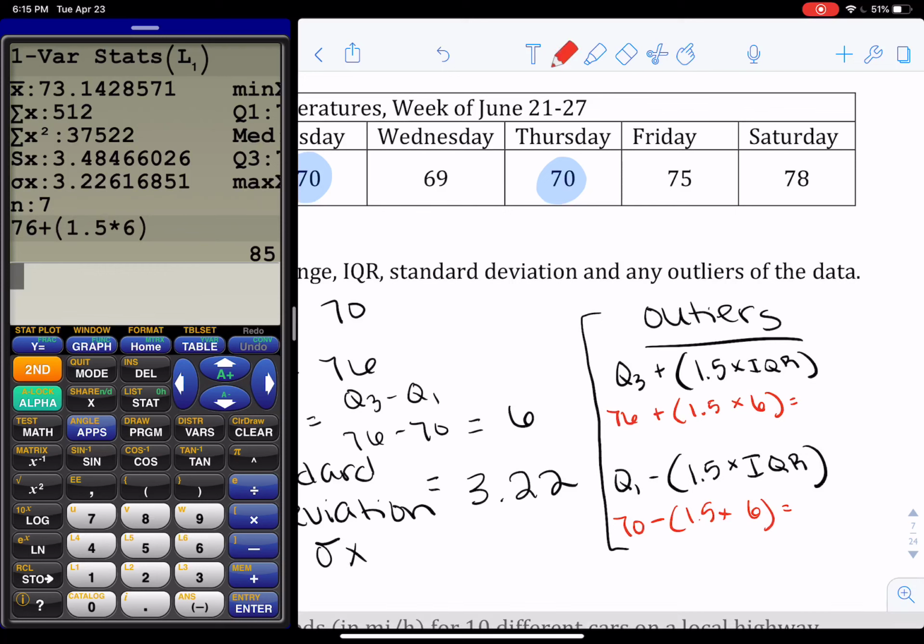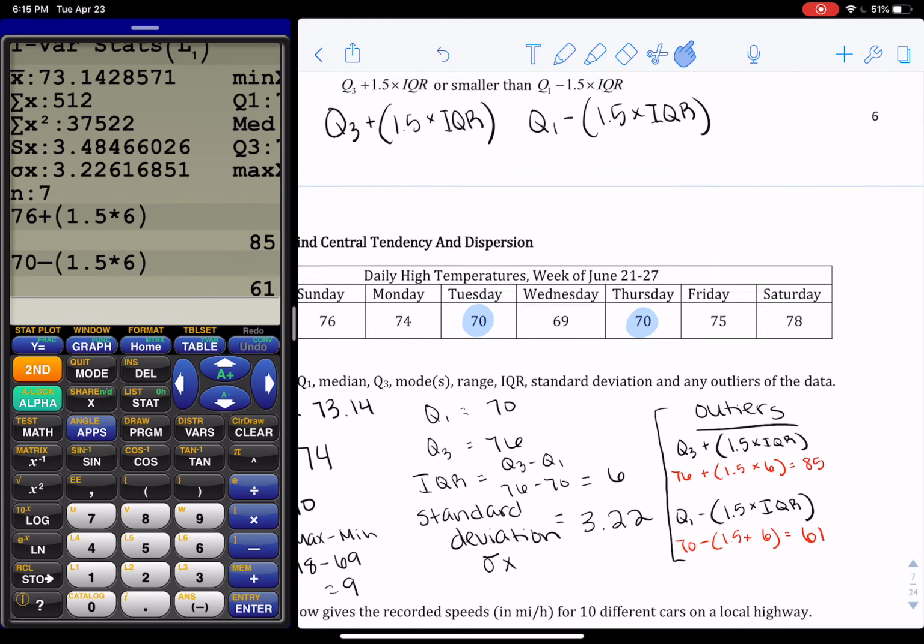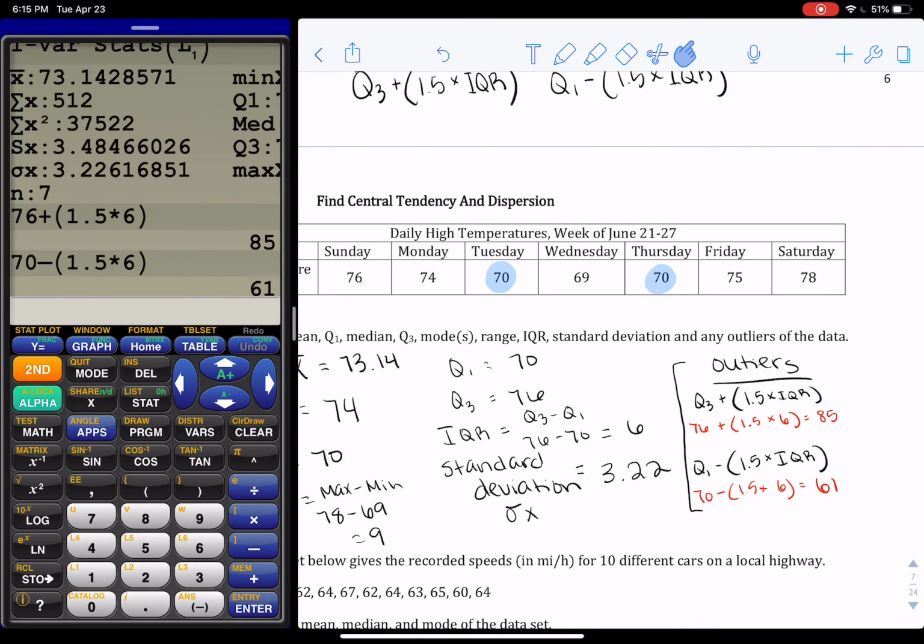So I can see that it's 85, and then 61. So what that tells me is all of the numbers in my data set have to be between 61 and 85. If any of these numbers were smaller than 61 or bigger than 85, it would have to be an outlier. But because that isn't happening here, there are no outliers.